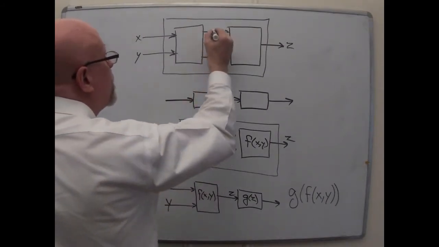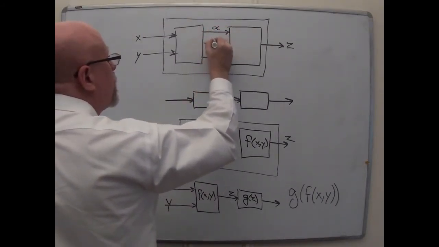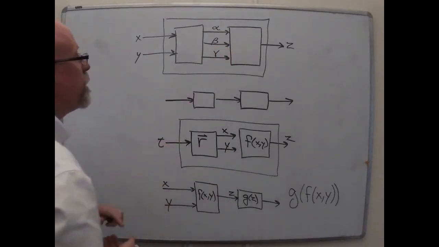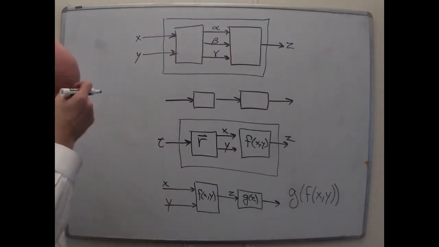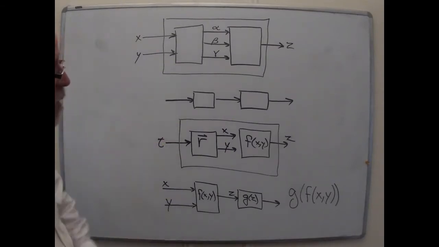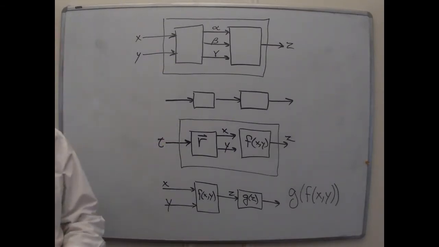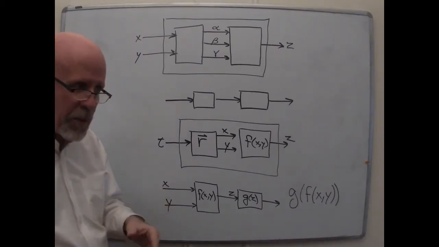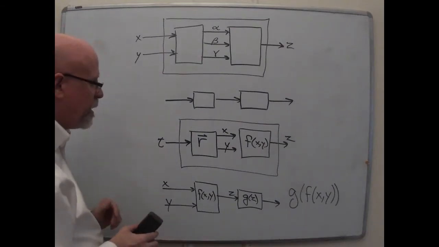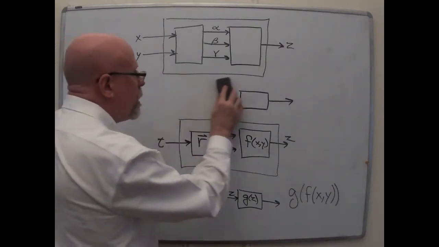How about, let's go Greek, alpha, beta, and gamma. Those could be those values on those hidden lines. So given that we can have a lot of complexity in how we make compositions, it's interesting that the chain rule still works its magic in a reasonable and easy to understand way.